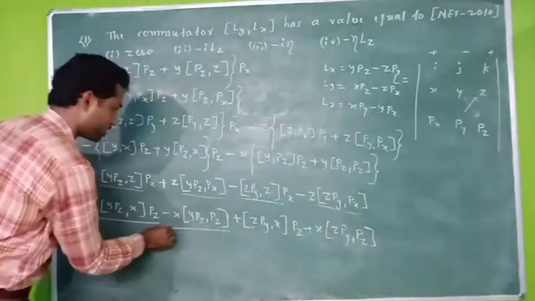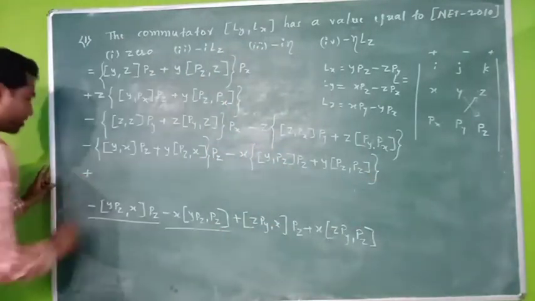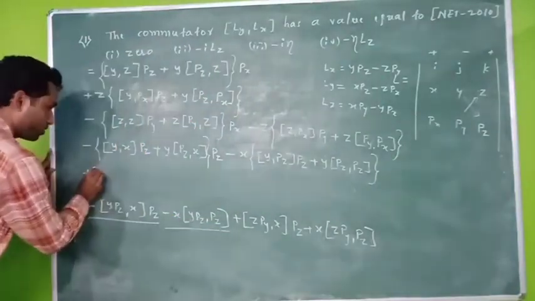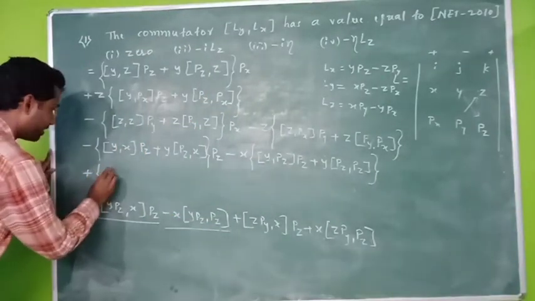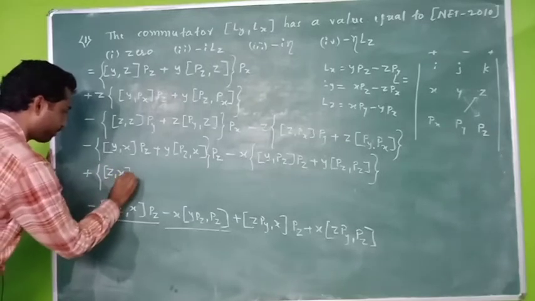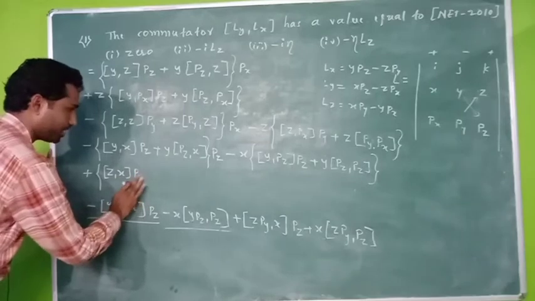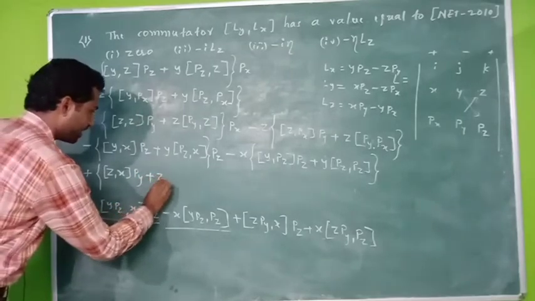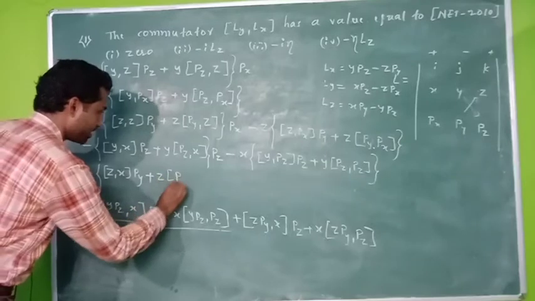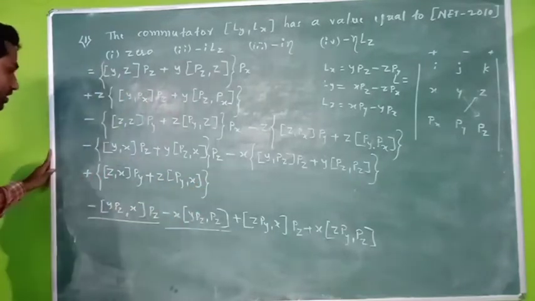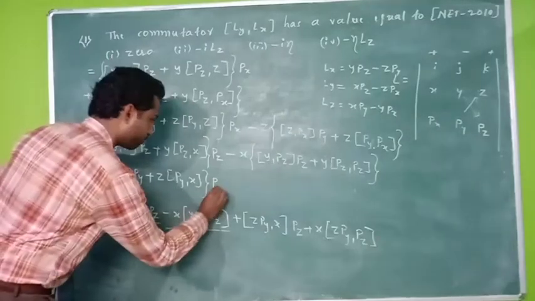Minus x, within a bracket, the commutator of ypz and pz, plus y times the commutator of pz and pz. This one is over. Plus, I have to expand this one: within a bracket, z times the commutator of z and x multiplied by py, plus z times the commutator of py and x, whole thing multiplied with pz.